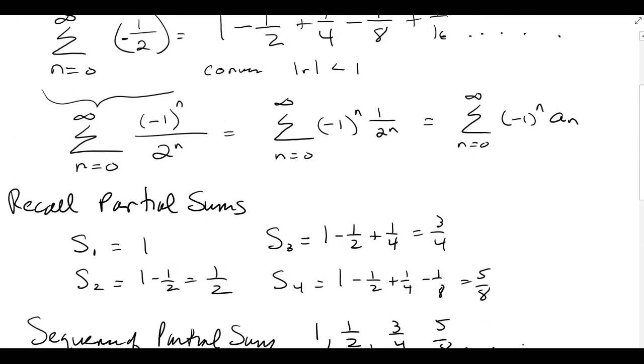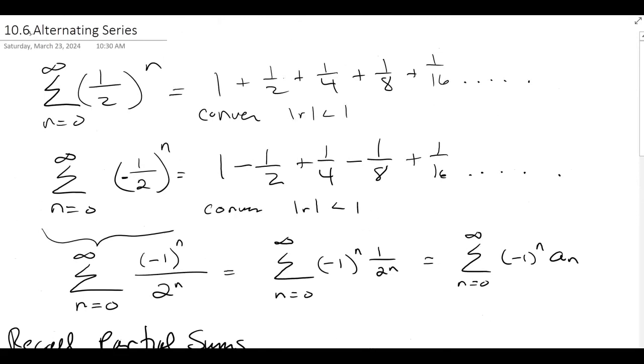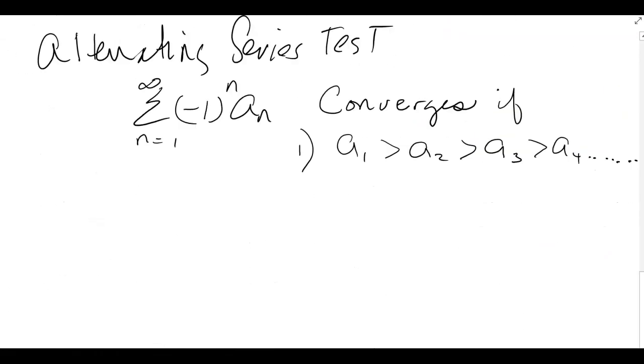These are the actual terms. But when we do the actual terms, what we're looking at is only the magnitude of the actual term. So you want to think of it as the absolute value. In other words, a half is smaller than 1, a quarter is smaller than a half, an eighth is smaller than a fourth. So theoretically, we're talking about magnitude, so you want to think of these as absolute value. In other words, we're disregarding the negative signs. So as long as the magnitude of those terms are going down.